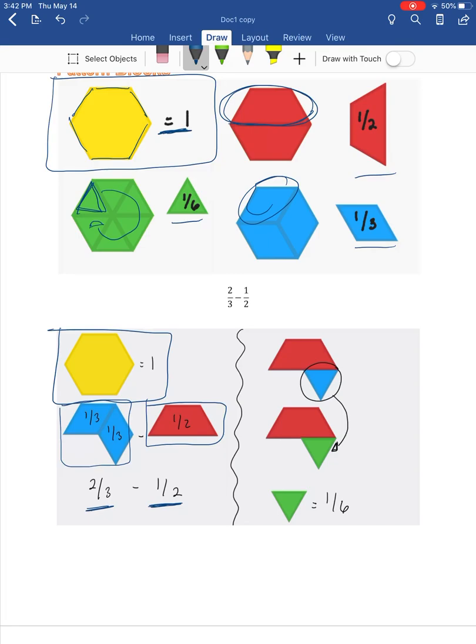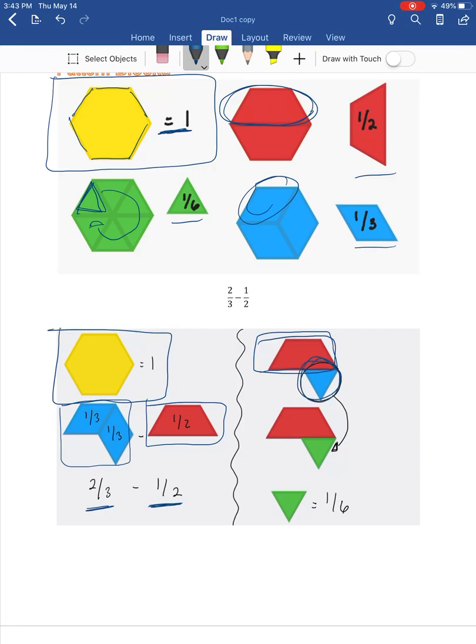In order to show the subtraction, we are going to place the 1/2 on top of the 2/3 in order to take away the 1/2. The way that this fits perfectly, utilizing how our shapes are formatted, this red area covered by the trapezoid is gone now. We do not have that area anymore because we have taken away the 1/2.